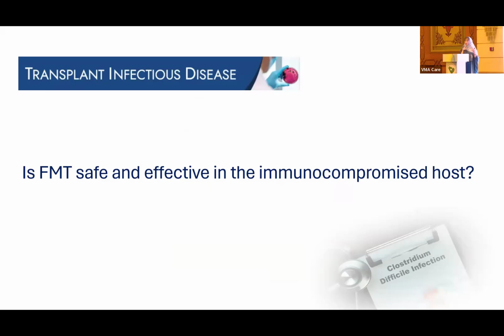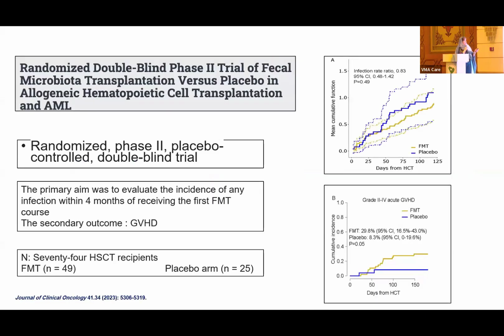We need more studies. Probably it is effective, but is it safe to go for a fecal microbial transplant in allogenic bone marrow transplant? There is only one randomized control trial, also published recently in 2024, and it was only on 74 patients.